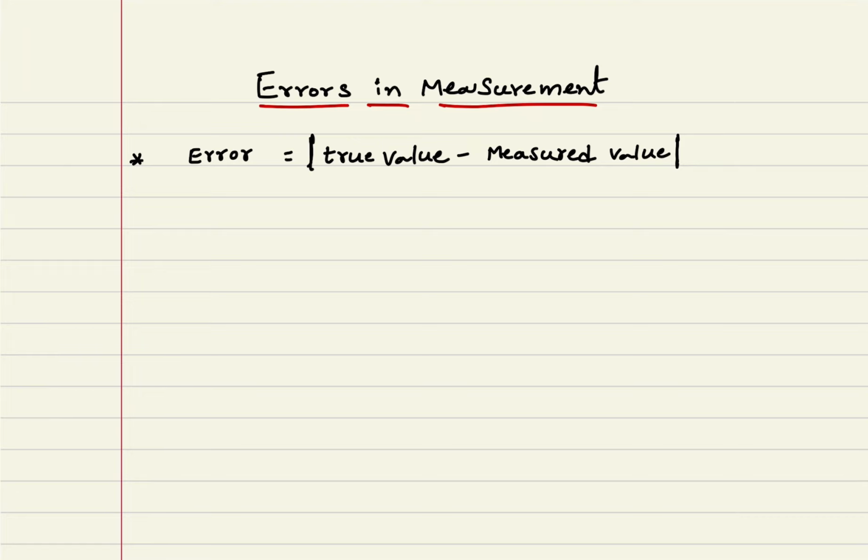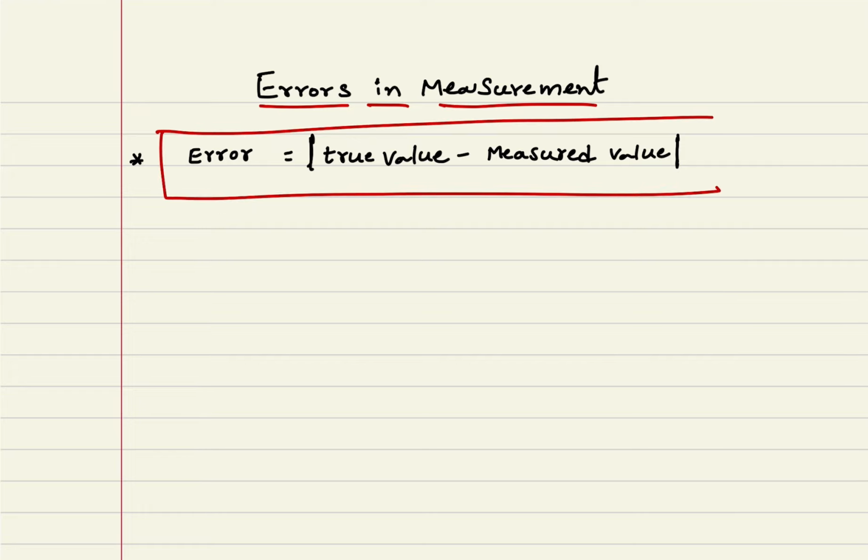Here we take the magnitude of the true value and measured value. Sometimes the measured value may be greater than the true value, or sometimes the true value may be greater than the measured value. That's why error can be written as modulus of true value minus measured value. This is the basic relation for the error.